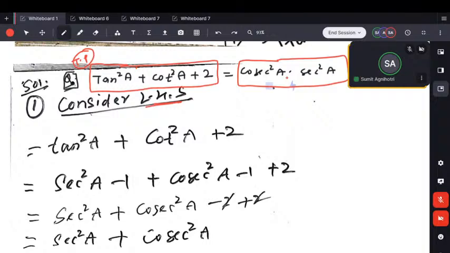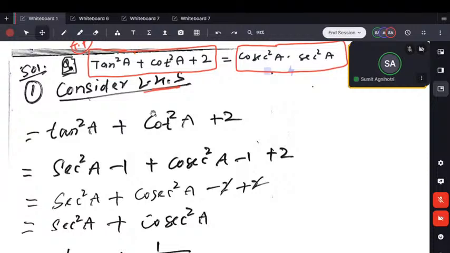Now, in LHS we have tan square A plus cot square A plus 2, and in RHS we have cosec and sec. That is why we will try to convert tan and cot into cosec and sec, and we remember the identity: 1 plus tan square theta is how much?